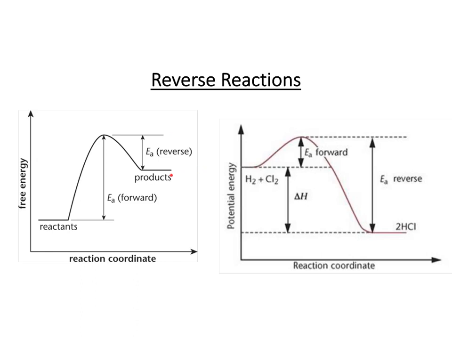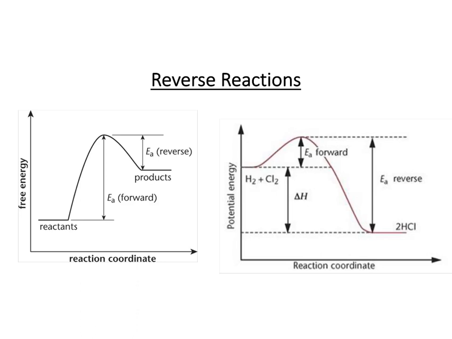Please understand that the number for your delta H, your enthalpy, your change in energy for the reaction, stays the same as far as the actual number itself, but it changes sign. Like in this example, this is an endothermic reaction.